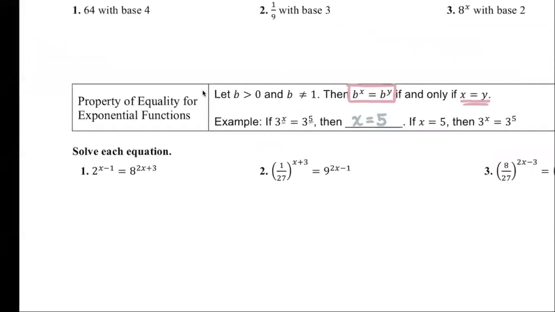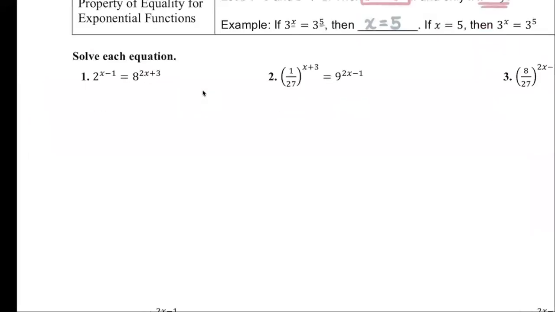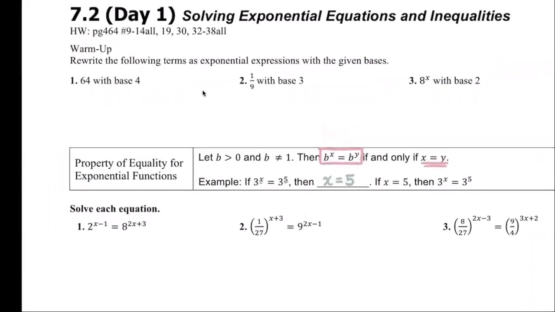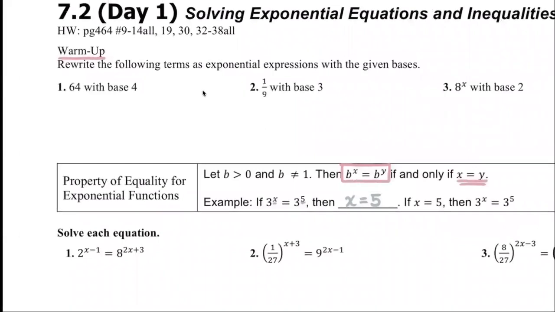Now, before we get into our main questions here, I do want to practice a skill that will be coming in handy, and that's this warm up right here. Let's see if you guys can help me out with this warm up. It says rewrite the following terms as exponential expressions with the given bases.